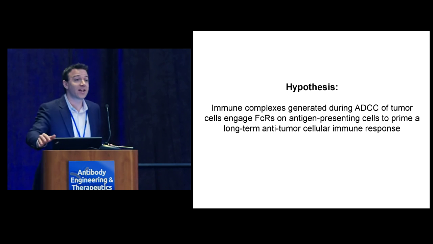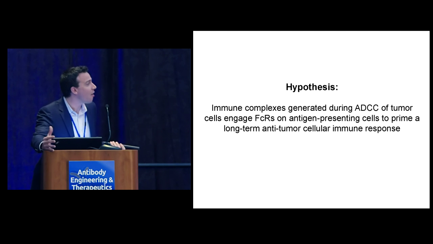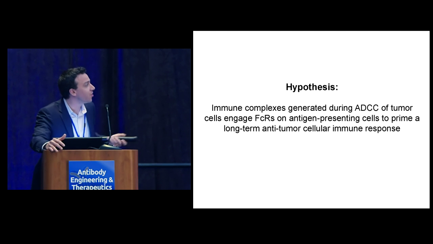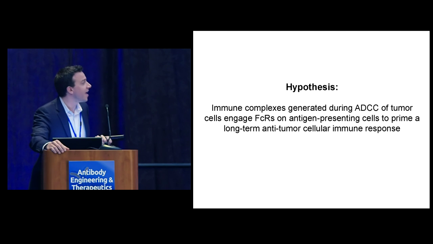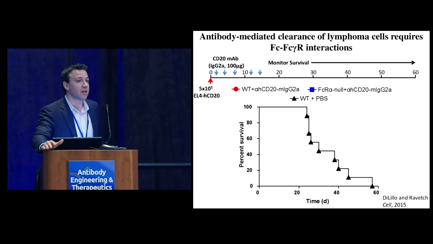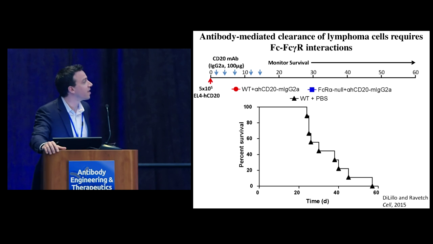And so we wanted to investigate this and to understand whether this happens in vivo and how it occurs in vivo. And we hypothesized that immune complexes generated during ADCC of tumor cells engage Fc receptors on APCs to prime a long-term anti-tumor cellular immune response. And so to understand this vaccinal effect in vivo, we set up an in vivo anti-CD20 tumor model based in part on work that Jean-Luc Teillaud had done several years ago.